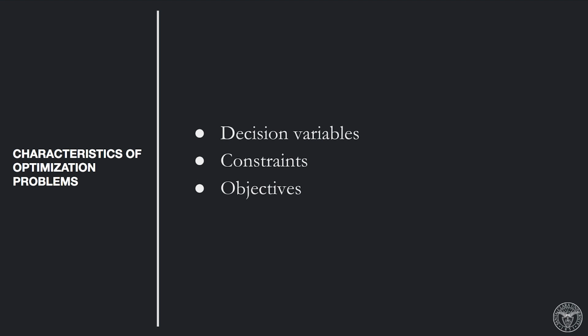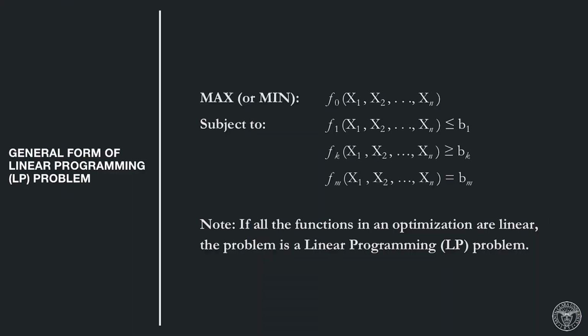Suppose you already have your objective, decision variables, and constraints, and you want to write them down as a mathematical model. In a mathematical model, you typically maximize or minimize your objective. For example, you want to maximize your profit or minimize the cost.